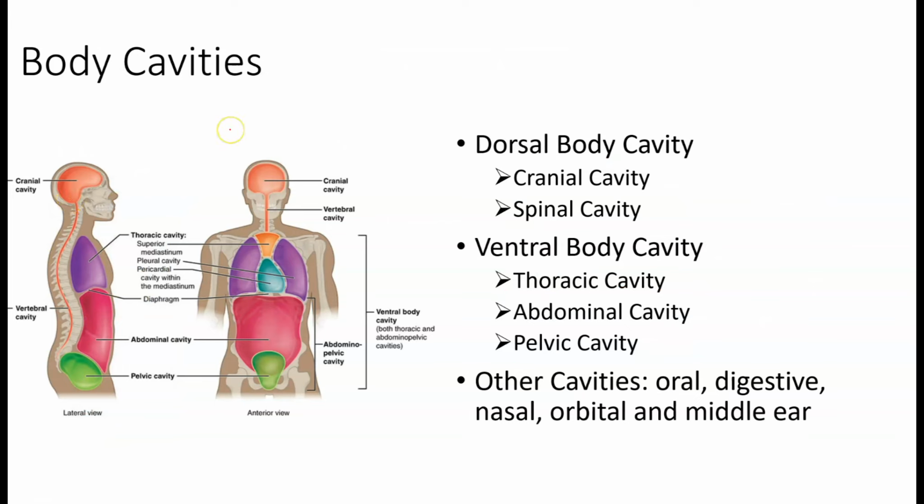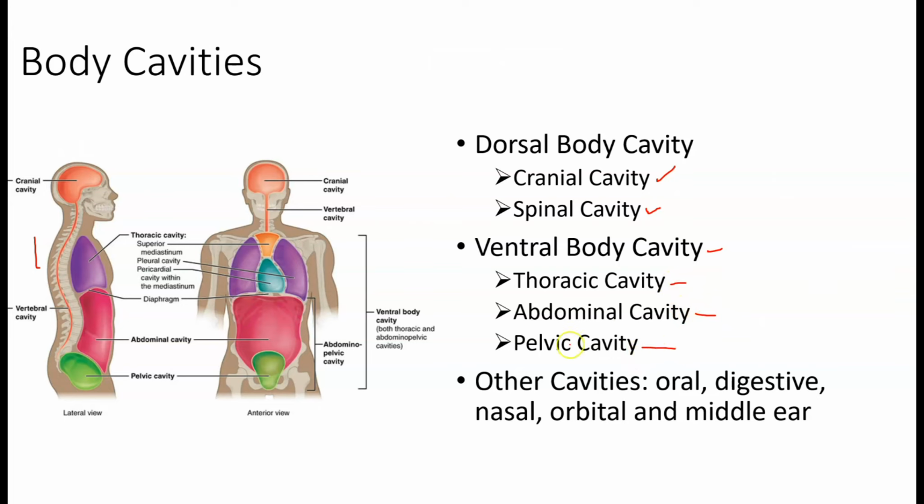Taking a look at body cavities. We have a dorsal body cavity. Remember what dorsal means, so we're at the back. Dorsal over in this area can be divided into a cranial cavity and a spinal cavity. The ventral or forward body cavity is divided up into a thoracic, an abdominal, and a pelvic cavity.